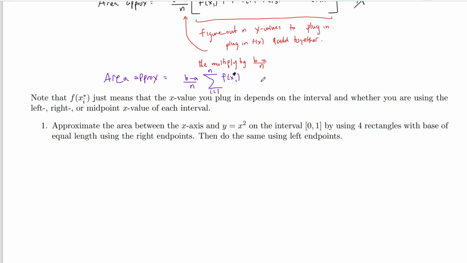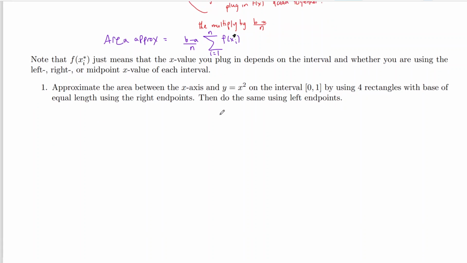I prefer just leaving it as x i, but I know a lot of books, maybe if you look at Wikipedia for this stuff, you're probably going to see a star, and that just means this can really be anything inside the interval. But we're using the specific situation where all of our intervals have the same length or base, and therefore it's probably easier just to leave this off.